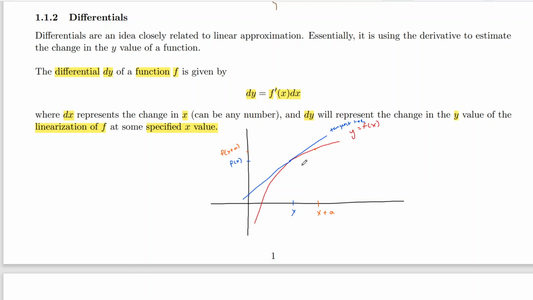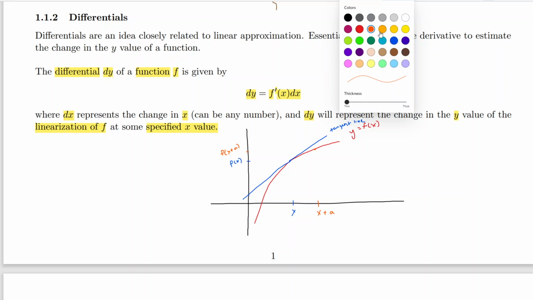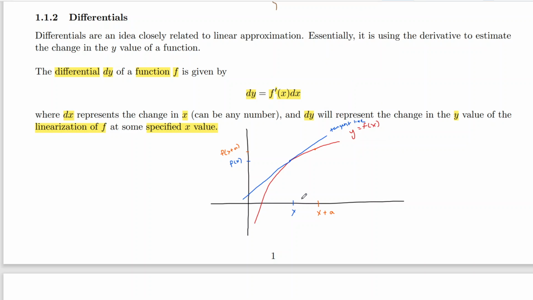The idea is that the tangent line is going to be close if a is close. We saw that last time, but it's also going to tell us pretty much the furthest away it's going to be. So what I mean by that is if we give this space in here from x to x plus a, it's represented by a, because if you do x plus a minus x, you get a.